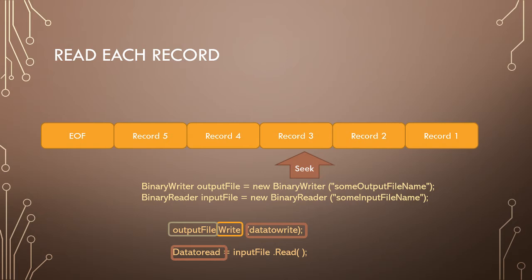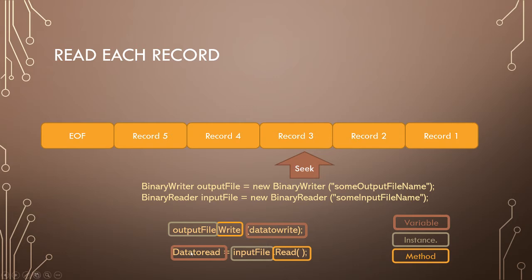When reading data from a binary or a direct access file, we would specify the variable that we want to populate, preceding the equal sign, and then after the equal sign, we will have the instance name of our BinaryReader, followed by a dot and the method name that we want to execute within that BinaryReader class. So depending on which direction we're going, it's whether we're going to specify our variable as a parameter or as an updated component.